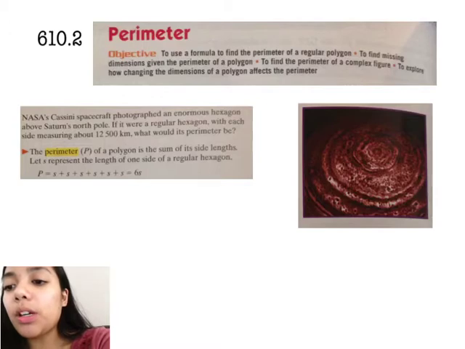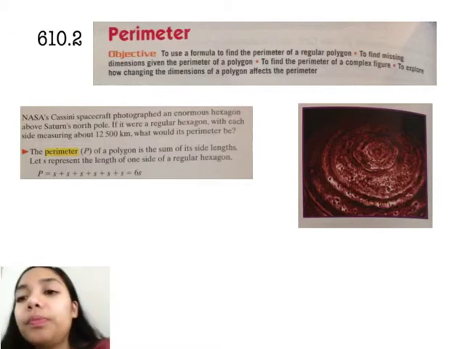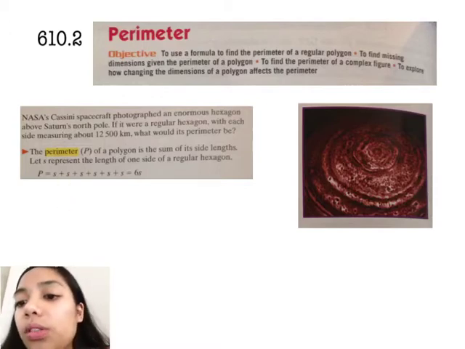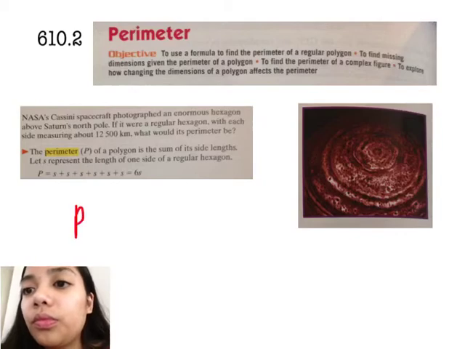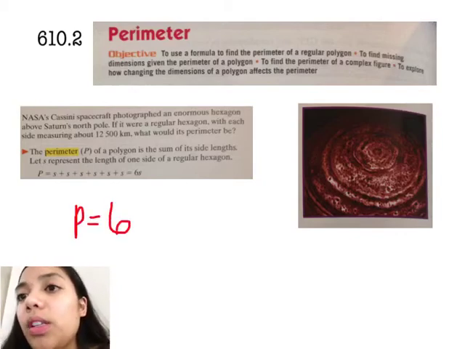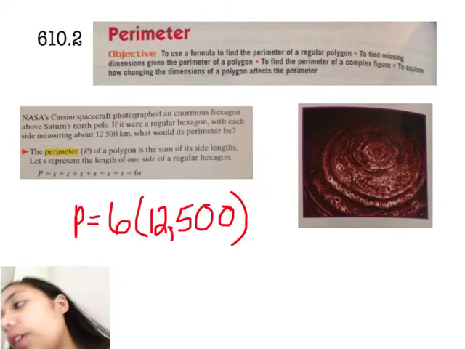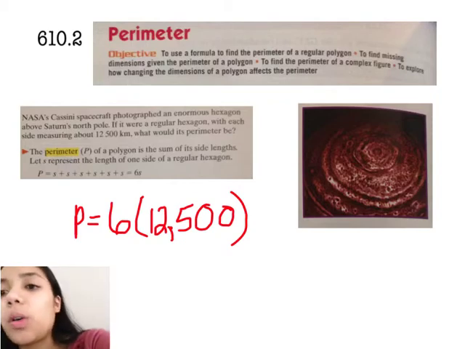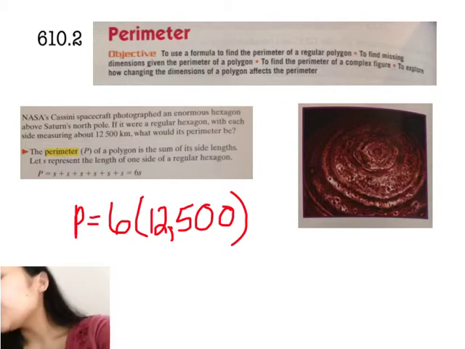So that means I'm going to be doing perimeter equals, well, there's 6 of them, 6 times 12,500, or I would be doing 12,500 plus 12,500 and so on, 6 times. So 6 times 12,500.